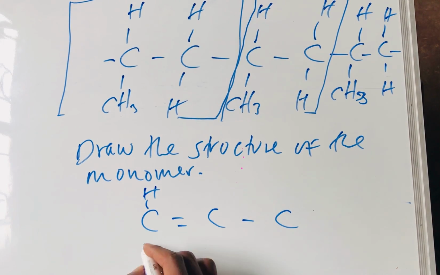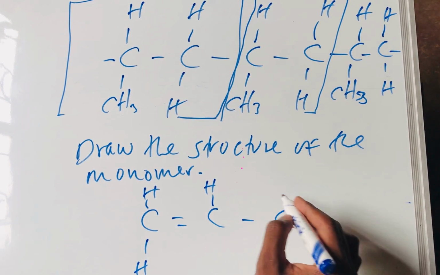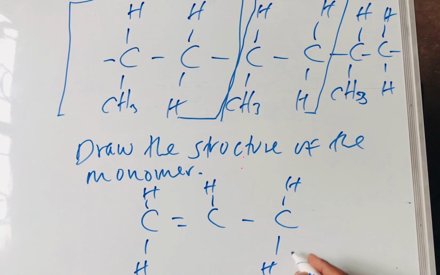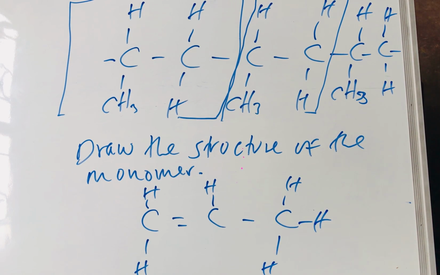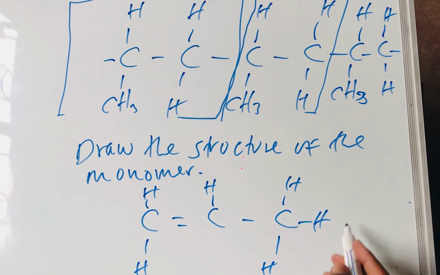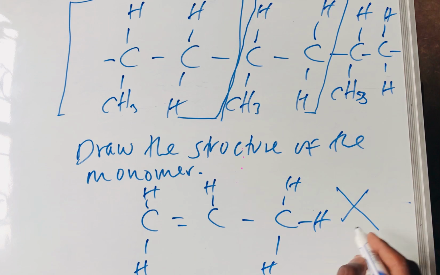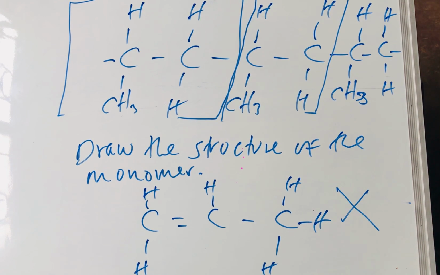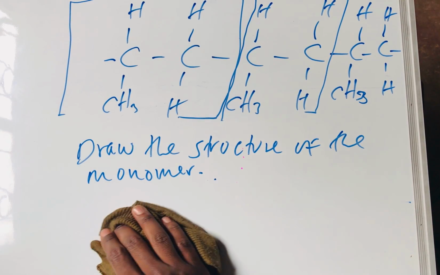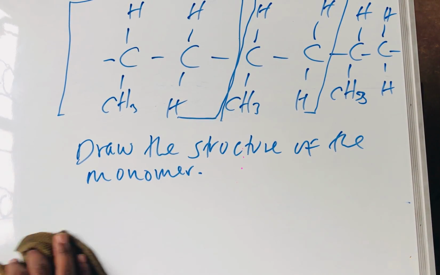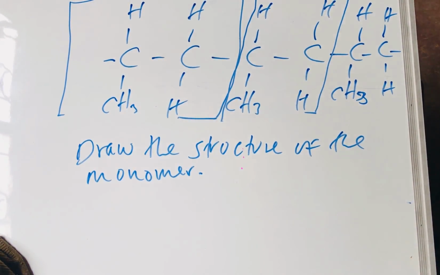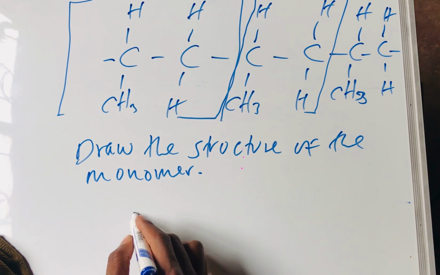It is true, this is the structure of propene. This is indeed the structure of propene that you learned at school. But as a monomer, if you give this answer, then that answer will be wrong. If you want to draw the structure of the monomer, you look at one repeating unit. One repeating unit looks like this.